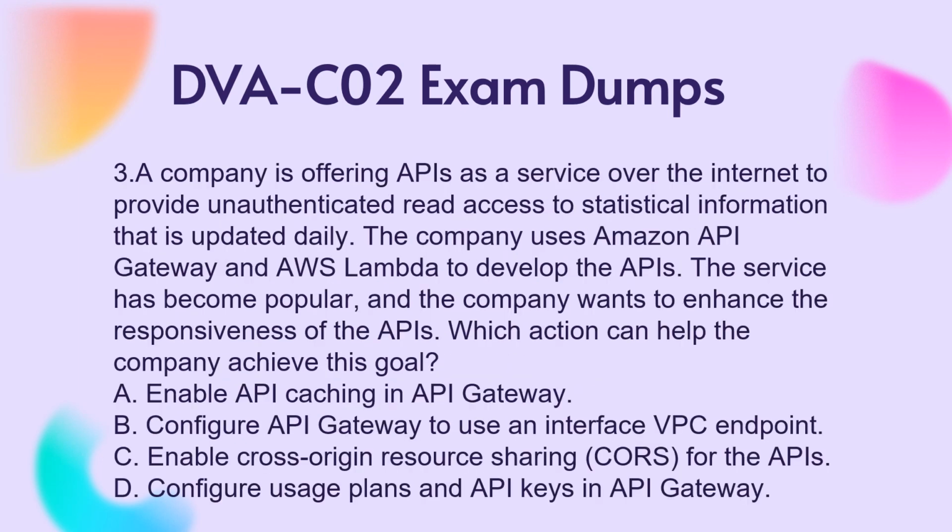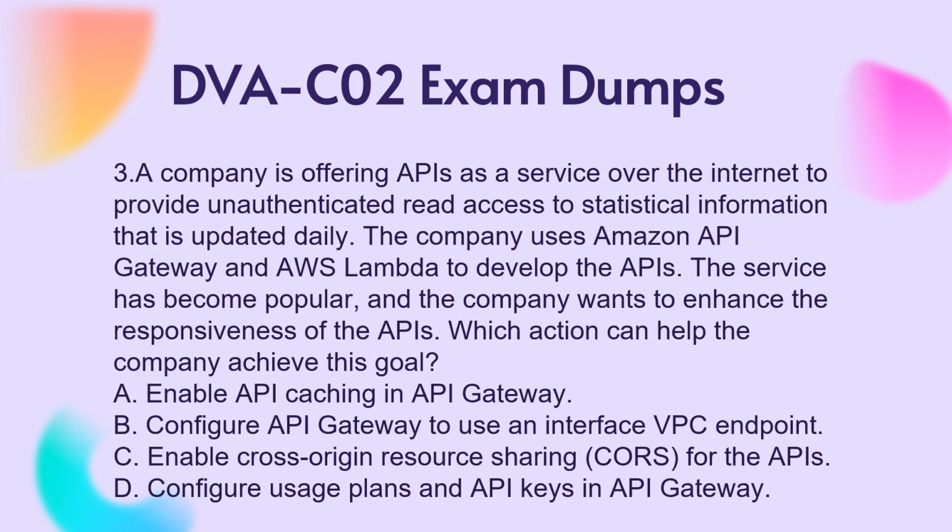3. A company is offering APIs as a service over the Internet to provide unauthenticated read access to statistical information that is updated daily. The company uses Amazon API Gateway and AWS Lambda to develop the APIs. The service has become popular, and the company wants to enhance the responsiveness of the APIs. Which action can help the company achieve this goal?